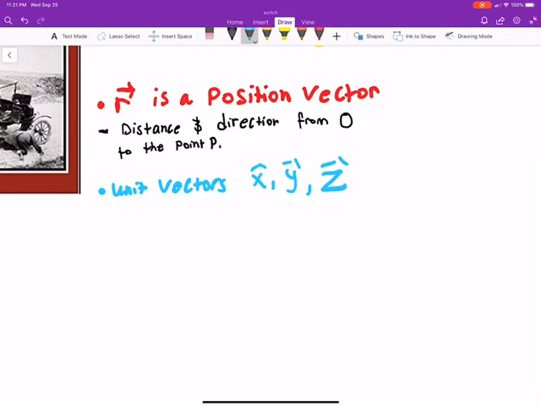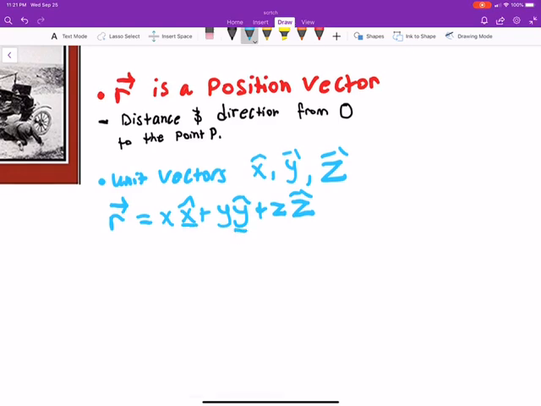So usually the way we can denote this is r, your position vector, is equal to x x hat, plus y y hat, plus z z hat, where these are unit vectors pointing in the direction that we're going.